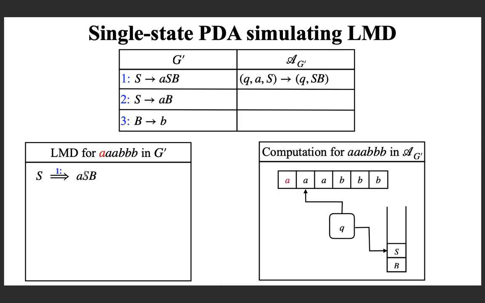Note that in this case, from this string you have already derived small a, so the read head is pointing to the next symbol, the second a, and whatever be the remaining string of variables, that will be on the stack. This is what we need.